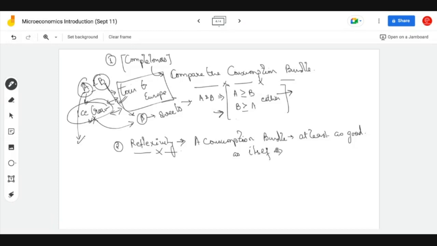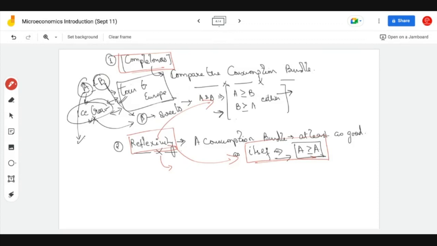This simply says that A is as good as itself. So see, whenever we are doing all of these things in the entrance examination, what they might also say is that in match the following, they'll give you these assumptions on one side and the descriptions on the other, and they'll ask you to match them. So this is also possible. This is something that we need to take care of.